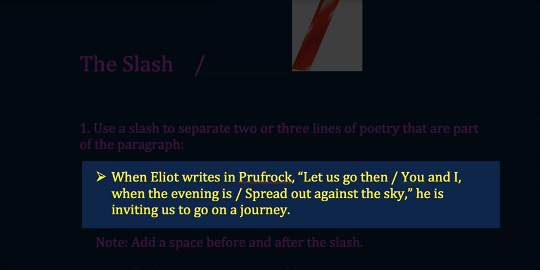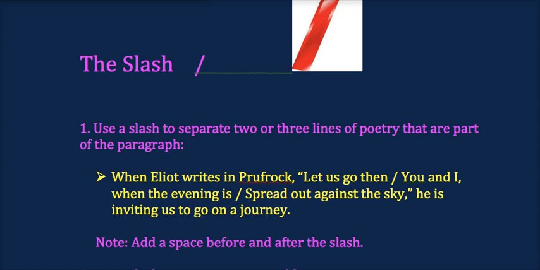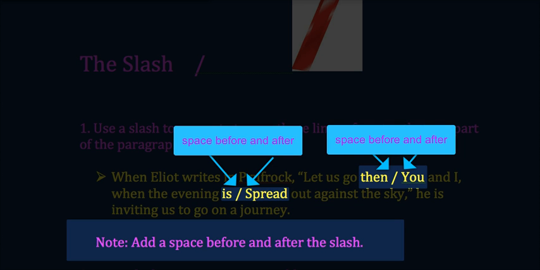If there were a fourth line, "like a patient etherized upon a table," then you would not be using slashes. You would have an indented quote. Again, that's a different matter. Here, take a look at what it looks like and why we are using it. Speaking of what it looks like, note, you add a space before and after the slash.